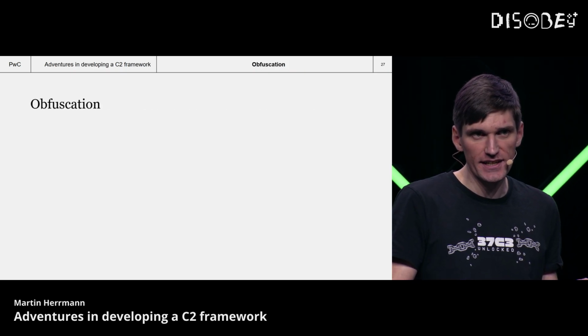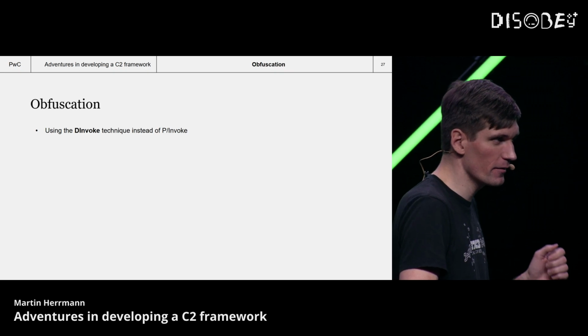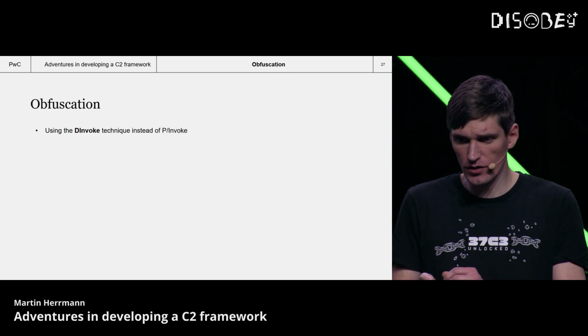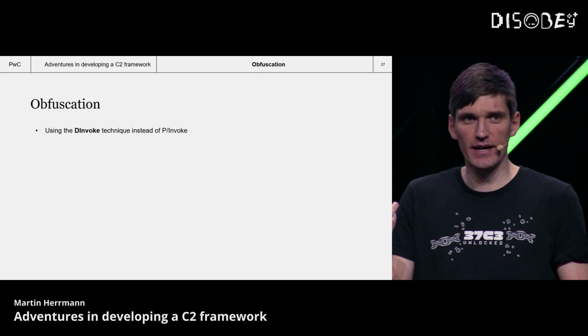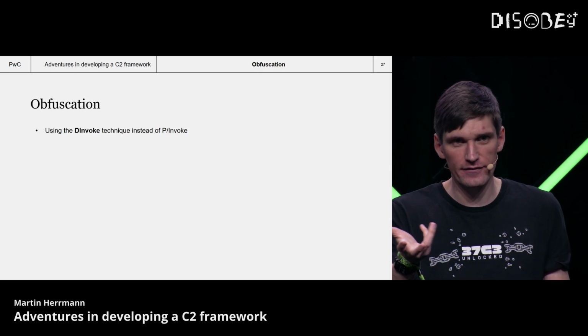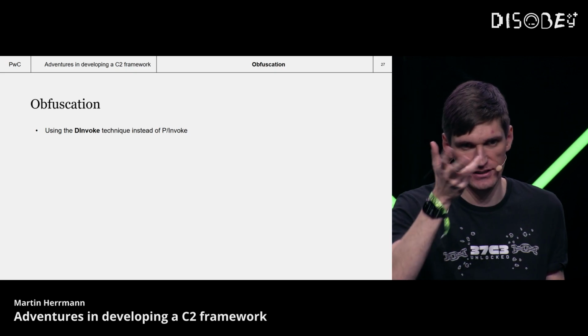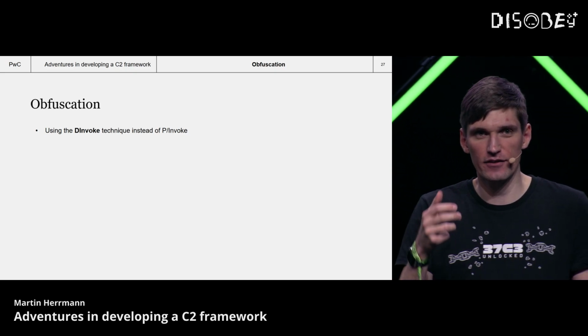Also, we obfuscate our implants. We use D-invoke instead of P-invoke. P-invoke, platform invoke, is Microsoft's way of calling native API functions, Win32 or also Linux functions, from C# land, and D-invoke is a way of doing that dynamically.